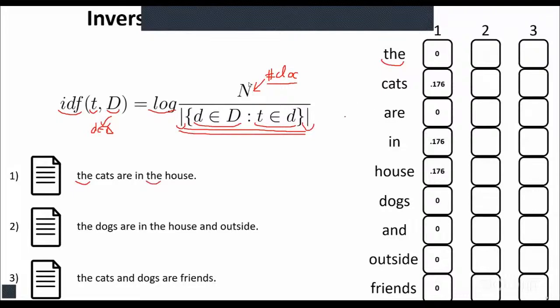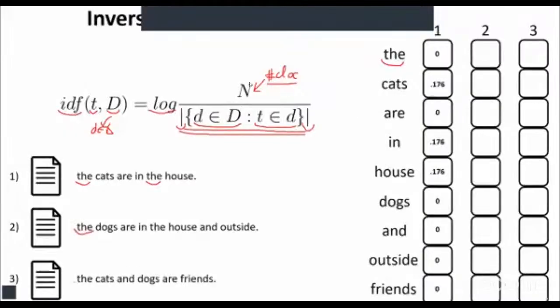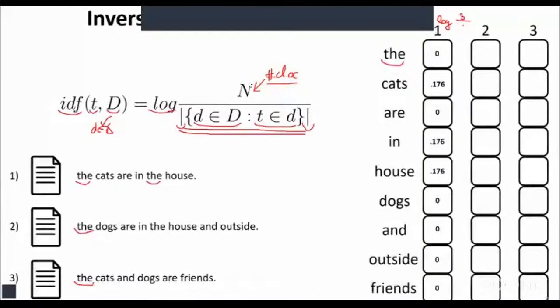But because "the" appears also in the second document and also in the third document, we basically have here the logarithm of 3, so the total number of documents, over how often or in how many documents this word appears. And we saw that it appears in 3 documents. So we have logarithm of 3 over 3, which is equal to logarithm of 1, which is equal to 0.